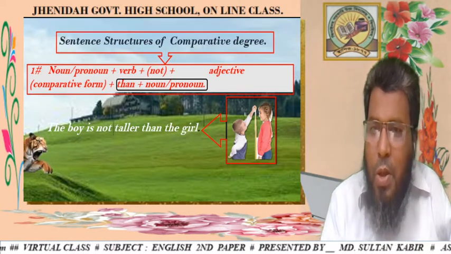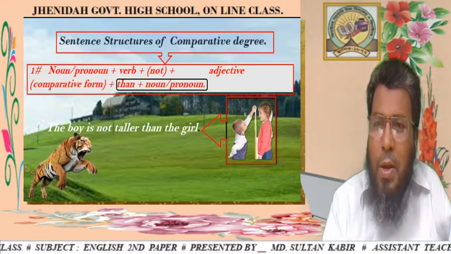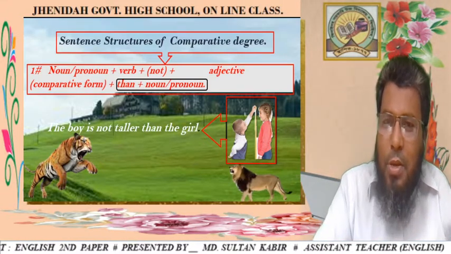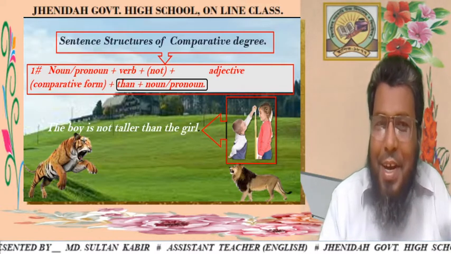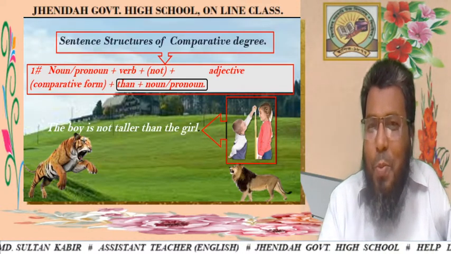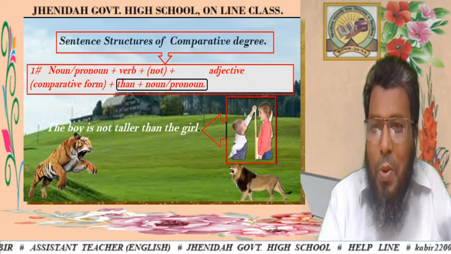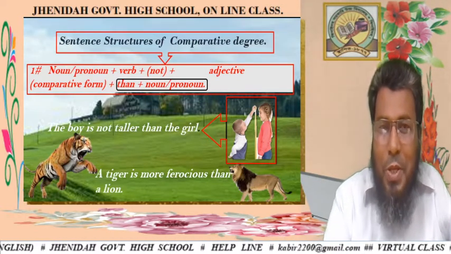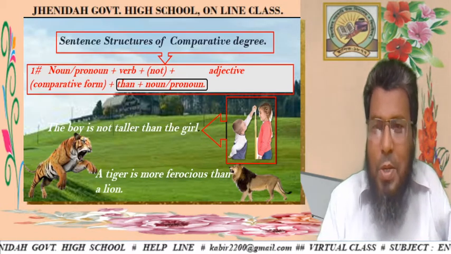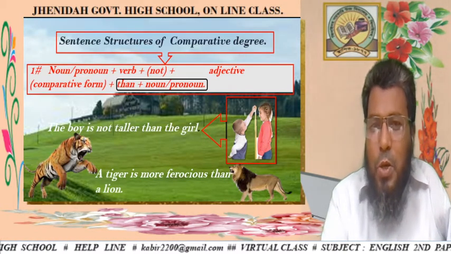Okay. There is another example for you. Okay, look at the tiger and the lion. What can you see in the images here? Both are ferocious, you know. Okay, now a tiger is more ferocious than a lion in this picture, in these images here. So a tiger is more ferocious. Look at the structure of the sentence.